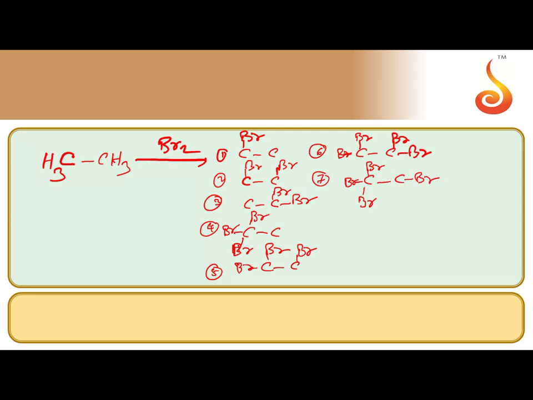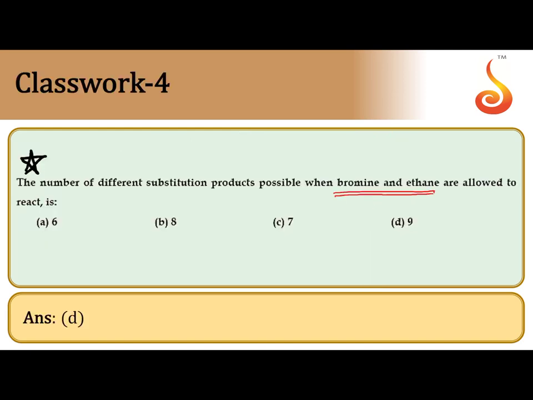This is also tetrabromoethane. Next, pentabromo. 3 bromines on one carbon, 2 bromines on the other carbon. Only one type of pentabromoethane is possible. Then hexabromoethane, perbromoethane. So the total number of types of bromoethanes possible is 9. So the correct answer is 9.